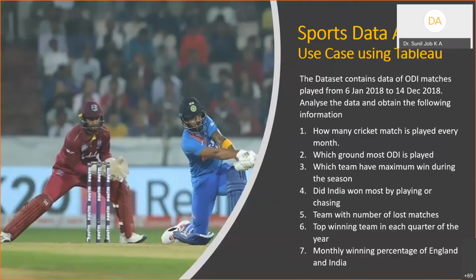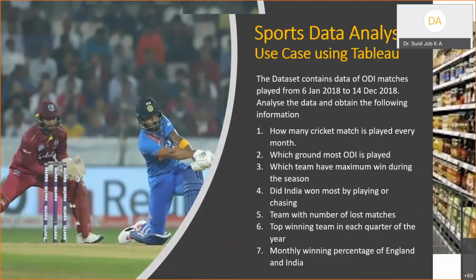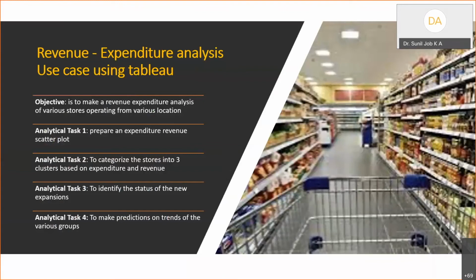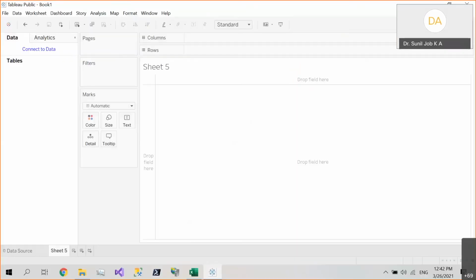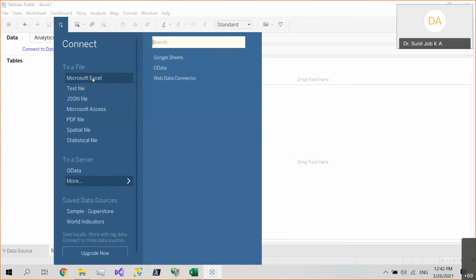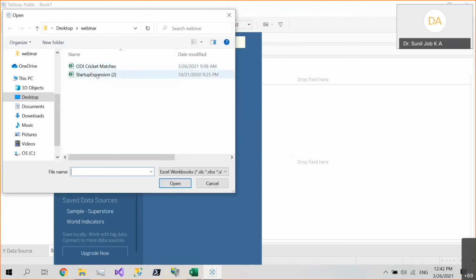Likewise, one more analytics that we are going to do is revenue expenditure analysis using Tableau. For this, I have got another data set here, also in Excel, the super startup expansion data set.